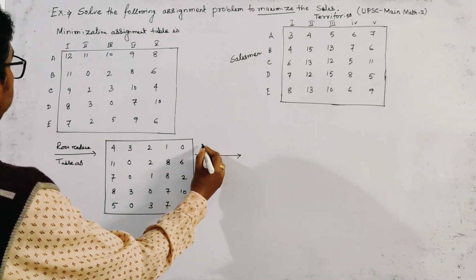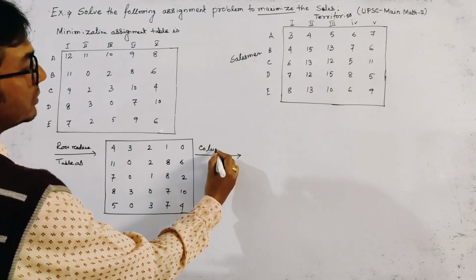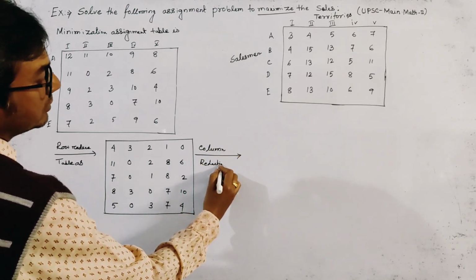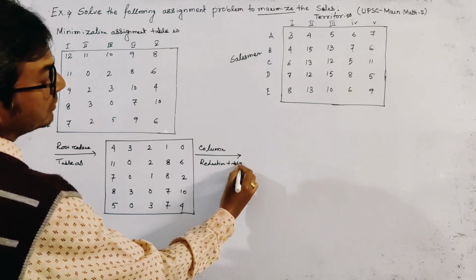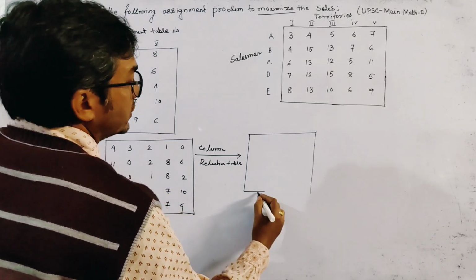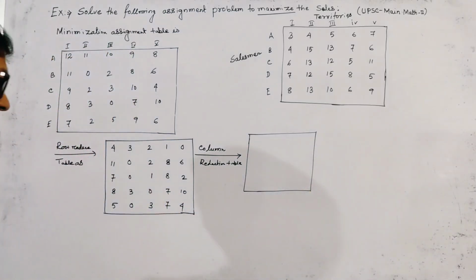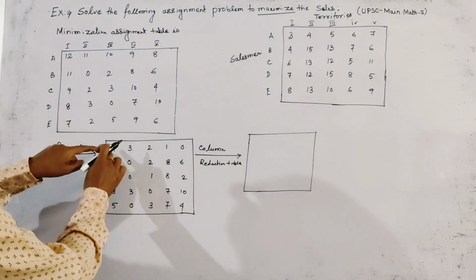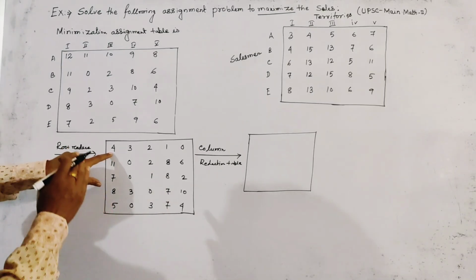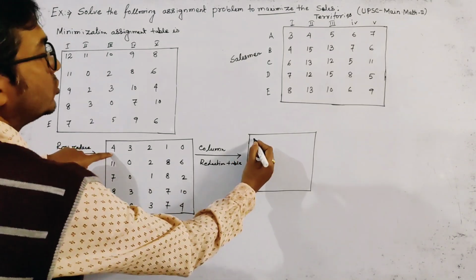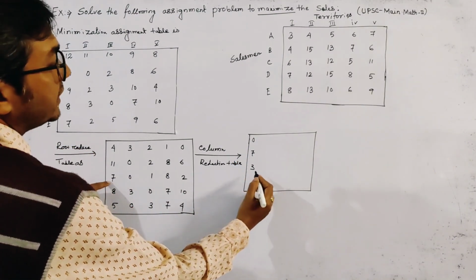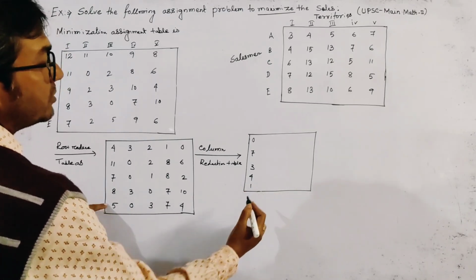For the column reduction table, we draw the same type of table containing 5 rows and 5 columns. For the first column the least element is 4 and we subtract 4 from each element of this column. So this is 0, 7, 3, 4, and 1.